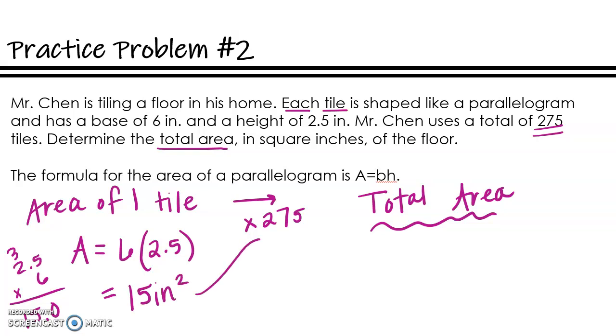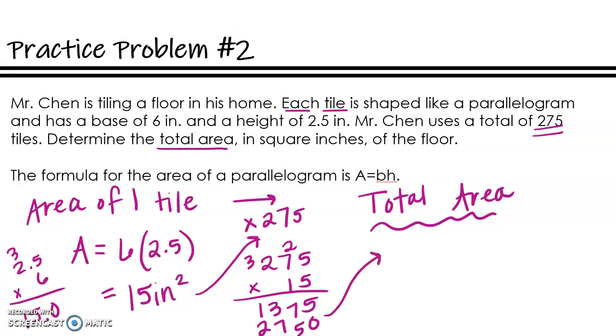Okay, but again, I have 275 of these, so I'm going to be multiplying that by 275. That's 25. 35 plus 2 is 37. 5 times 2 is 10, plus 3 is 13. Put my placeholder, 1 times 5, 1 times 7, 1 times 2, and add all that up.